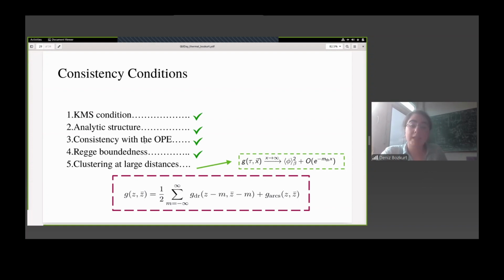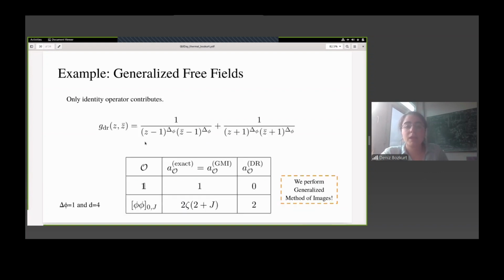And we can also say by the uniqueness of the thermal two-point function, once the piece that has the generalized method of images over the dispersion relation satisfies the clustering property, then the arcs have to vanish. Because there can only be one correlator that satisfies all these conditions.